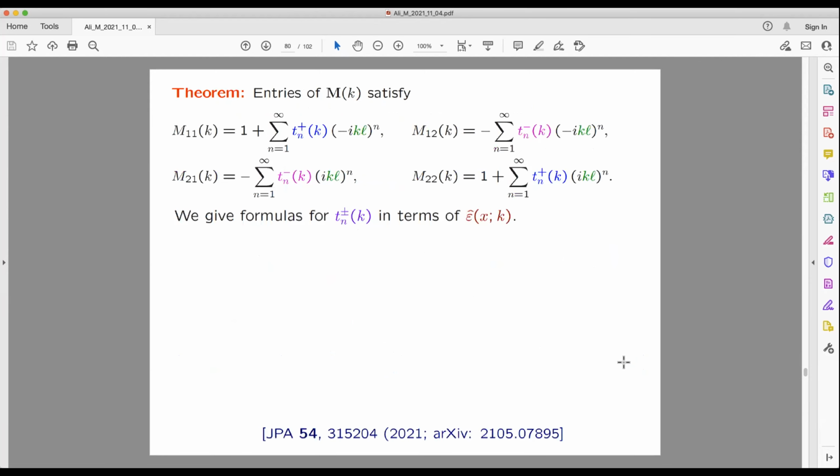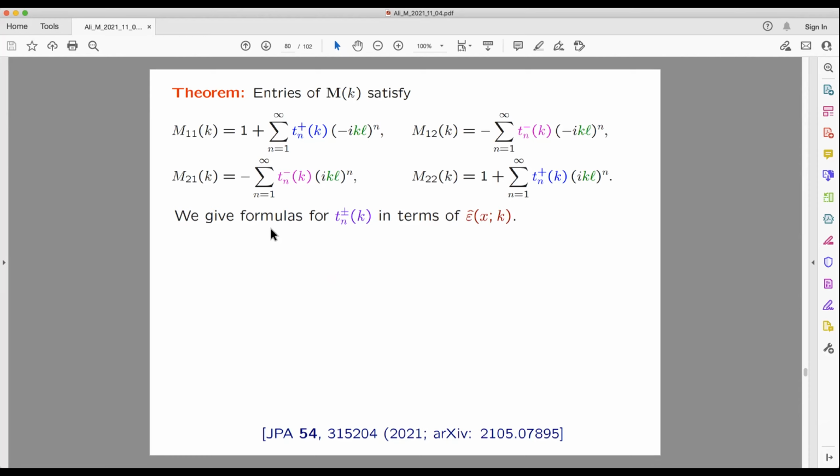And from there, we could construct the series expansion for the entries of the transfer matrix in powers of KL, which means these coefficients T plus minus n, we have formulas for them. This is not by iteration. We have explicit formulas, which is amazing because in the previous case, when I have an energy independent potential, there is no formula and you have to do iteration, calculating order by order.